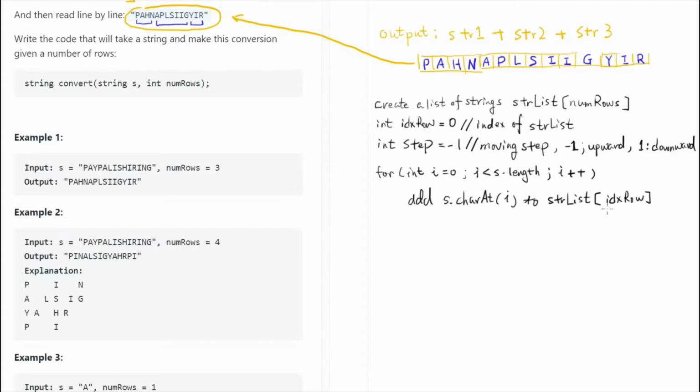We use the row index to identify which string we are going to add this character to. Then next, we need to check if our movement reaches the top or the bottom.